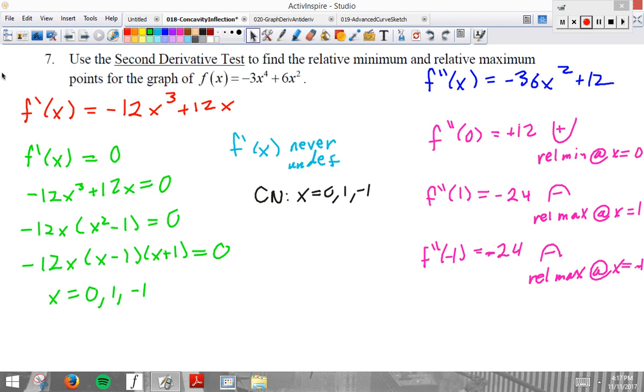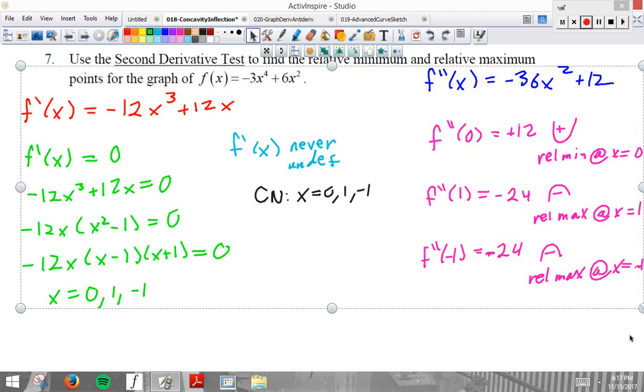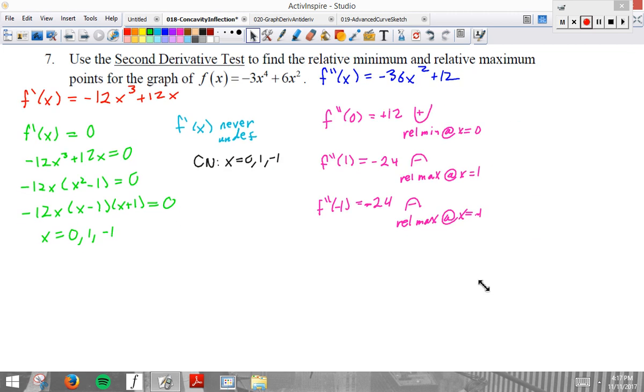Now this problem asks me for the points on the graph. So again, we are going to use f to find the y values at these points. So my relative maxima, plural, we would have 1 into f, which would give me 3, and negative 1 comma 3.